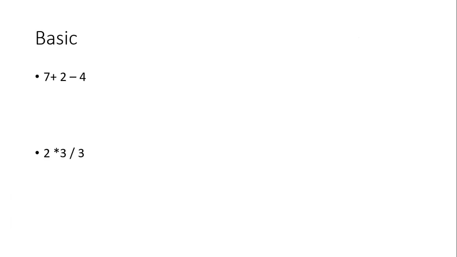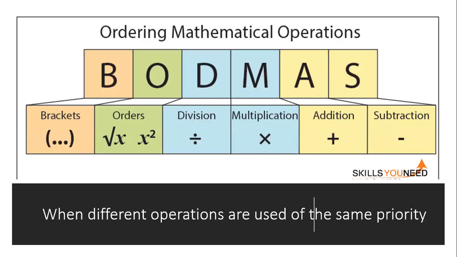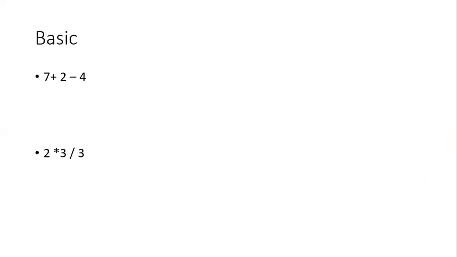And so for this example, what I'm saying is that when you have operations that are of the same priority, like an expression consisting of addition and subtraction, it doesn't matter what happens first. So we see addition and subtraction are of the same priority.